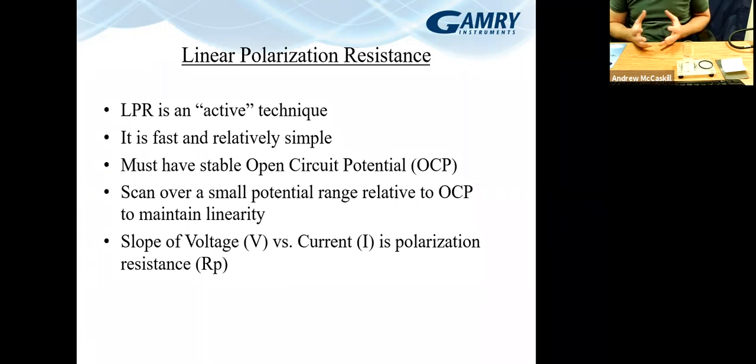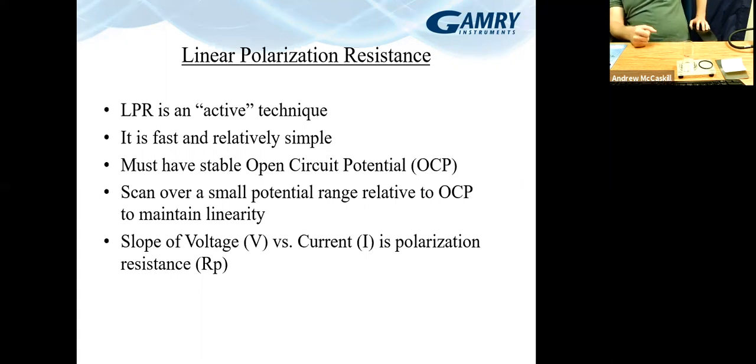If it's not, then the data is no good, and that can likely be pointed to an unstable open circuit potential. There are other culprits, but that's always the first thing to look at. The first thing you do is monitor OCP for a while and make sure it's very stable. That could take minutes, hours, days, or weeks, depending on your particular system.